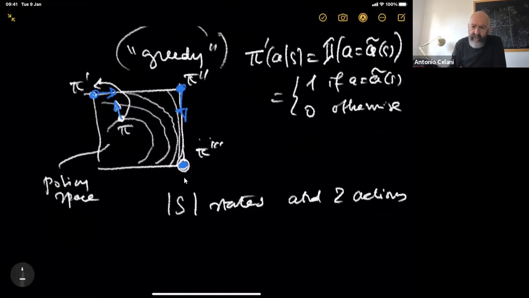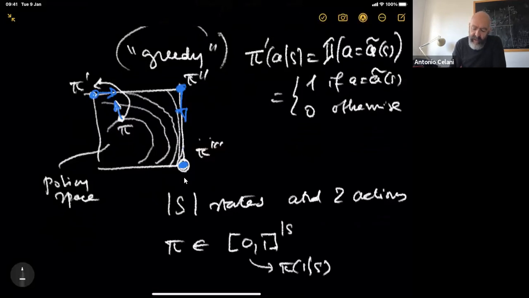My policy space is a hypercube, so policies belong to [0, 1]^S. Because if I have just two actions, there's just one single real variable from 0 to 1 which describes the policy, for instance the probability of taking action 1 in state S. So this is an S-dimensional hypercube.